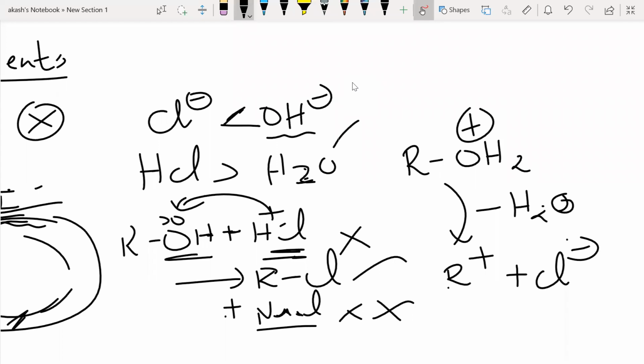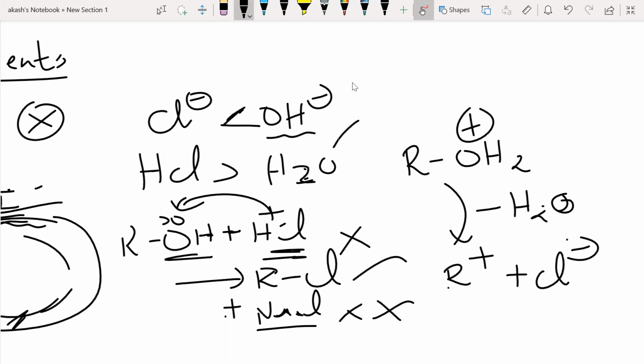This is the mechanism. What you are actually trying to do here is convert the alcohol, which has OH, into a group which can be easily replaced by Cl minus, and that is actually water. I told you, charged species are always more nucleophilic than uncharged species, isn't it?